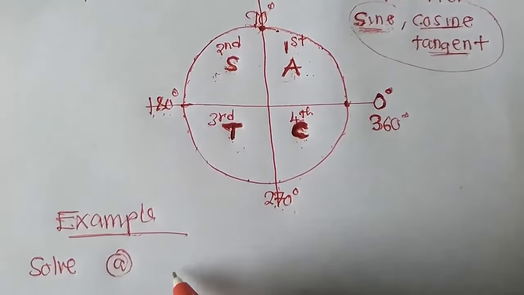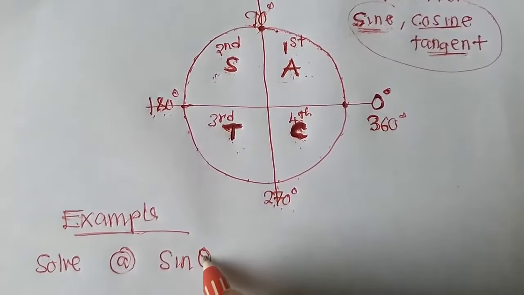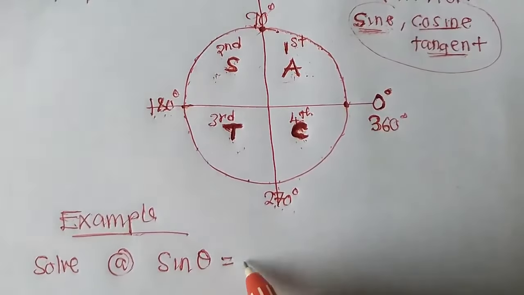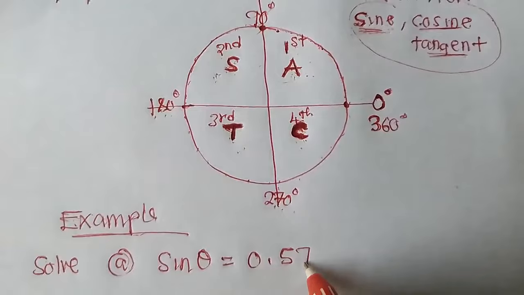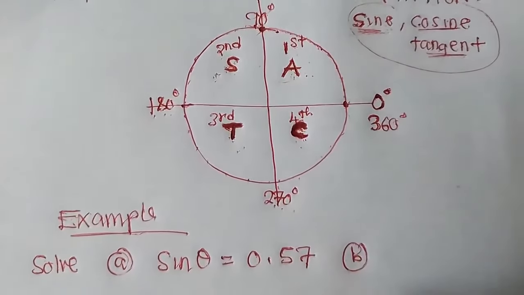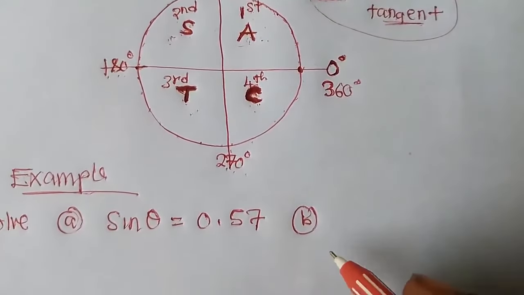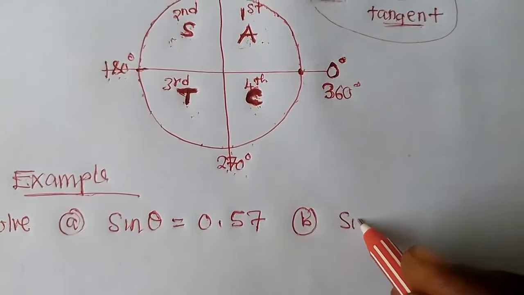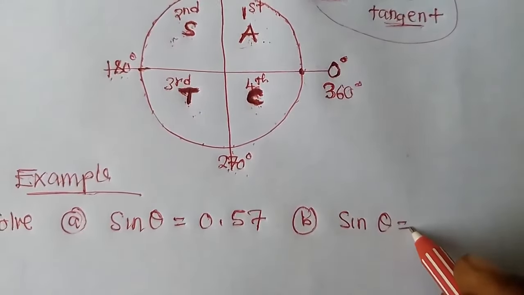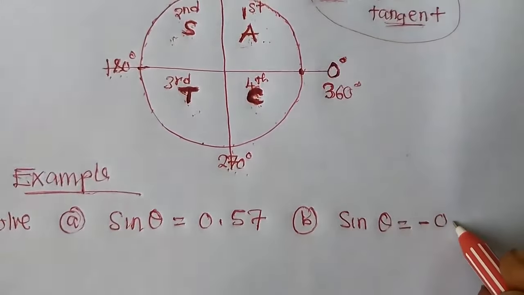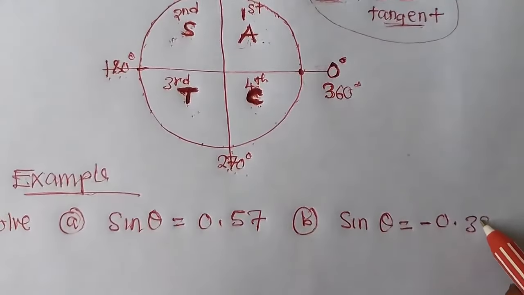I've got A, which is sine theta is equal to 0.57. B is sine theta is equal to negative 0.38.